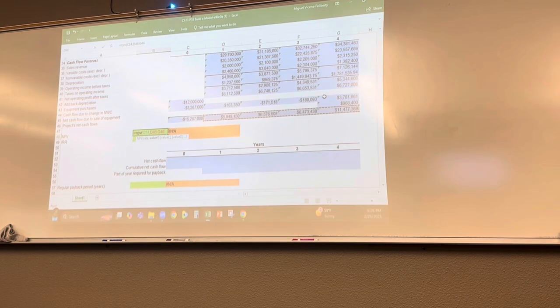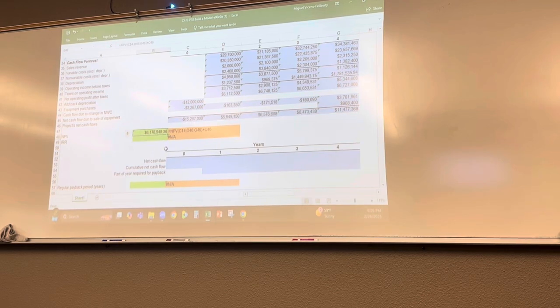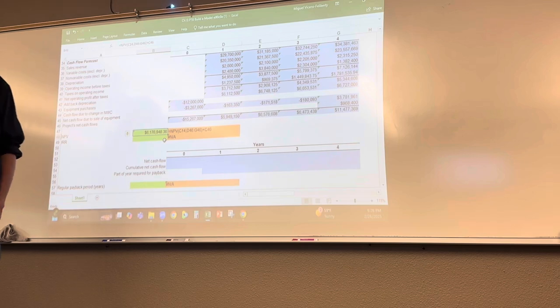Remember, we don't select the first outflow, we don't use that equipment purchase, we're only using the future values. And we're adding back that initial investment amount. So I got an NPV of a little over 6 million. We take the project? Yes, because it's positive, right?